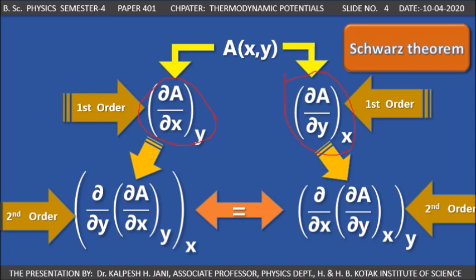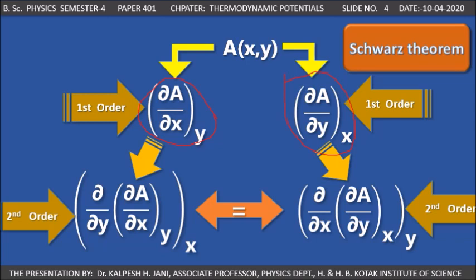So let us make use of this theorem for the thermodynamic potentials. We know that all our thermodynamic potentials are dependent on some natural variables, and each of these thermodynamic potentials has two natural variables. So we can apply this Schwarz theorem to the thermodynamic potentials. This is what Maxwell did.